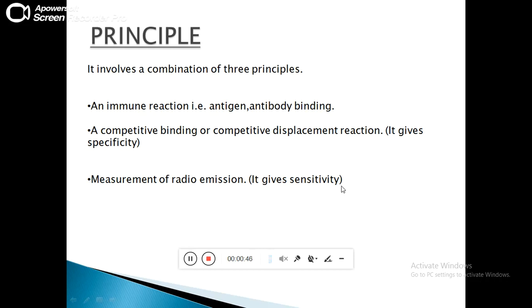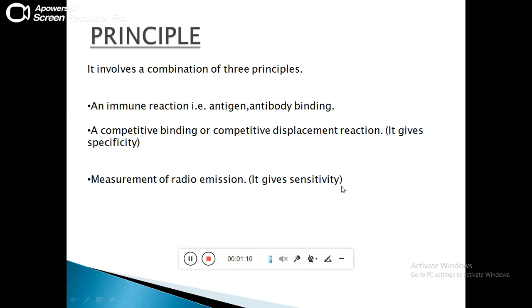In this whole procedure, firstly we need to find out which antigen we want to detect. Then we prepare an antigen outside and tag it with a radioisotope. Now we take the antibodies that are complementary to it and allow them to interact with that antigen.